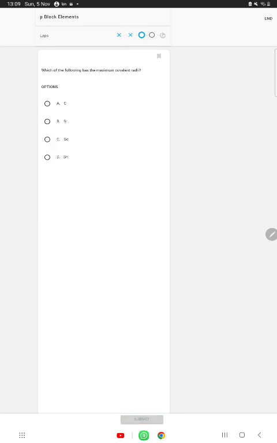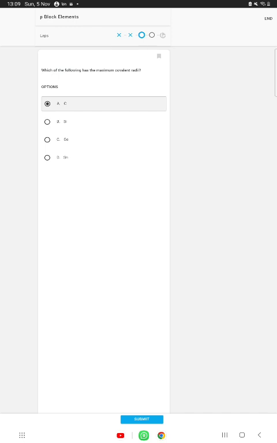Next one, you see, which of the following has maximum covalent radii? So maximum covalent radii: carbon, silicon, germanium, tin. So the lower oxidation state will be ionic, and when you are going from top to bottom student, the covalent character is going to increase.